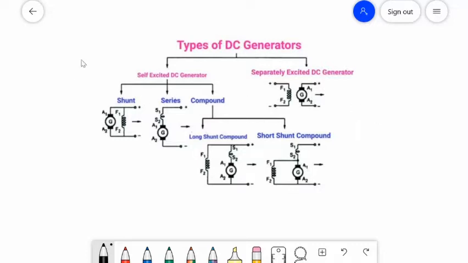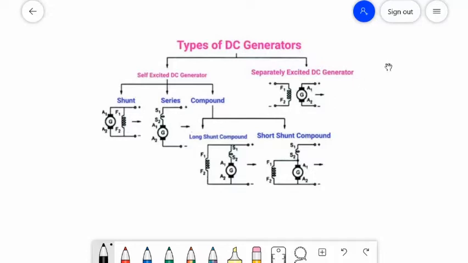As you can see here, in the separately excited DC generator, its field windings, F1 and F2, are excited by the external DC supply. The other one is the self-excited generators.